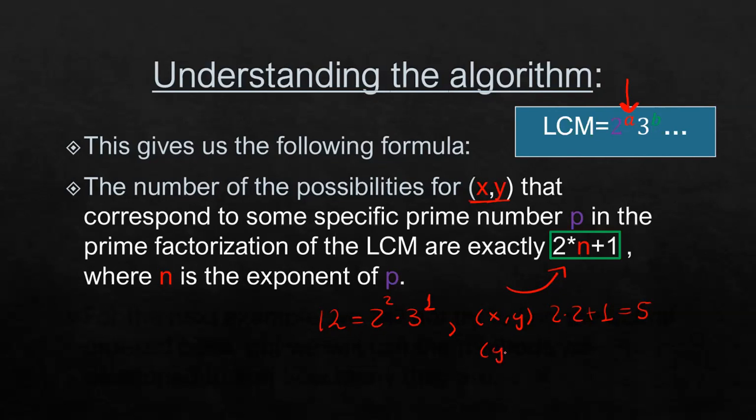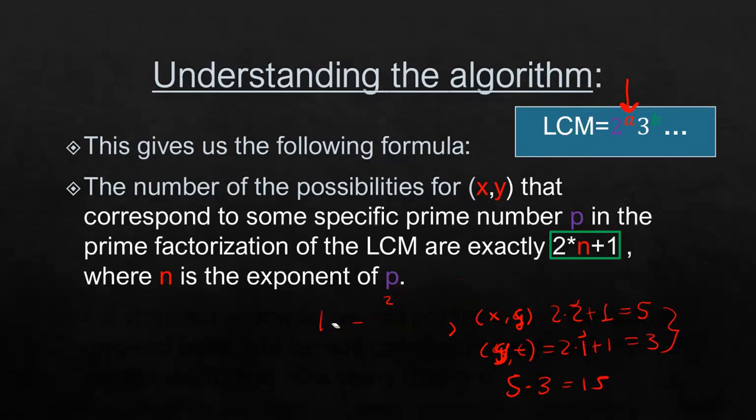And for y and t, the cases were 2 times 1 plus 1, which is 3, because this exponent is 1. Okay, so the total number of ordered pairs was 5 times 3, which is 15. So this was where we ended up the discussion last time.